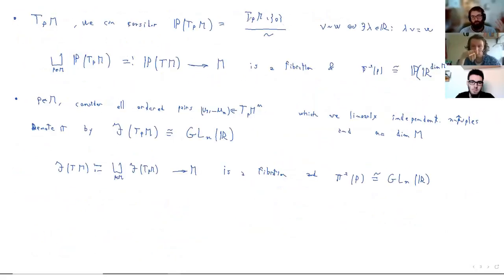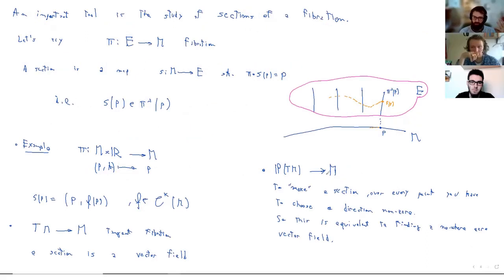So if we manage to find a vector field which is never zero, then we just take its equivalence class, and that is our section of the projective bundle. But the question is, does it exist? There is absolutely no guarantee that this should exist, because we're looking for a vector field which is never zero, and who knows if this exists.